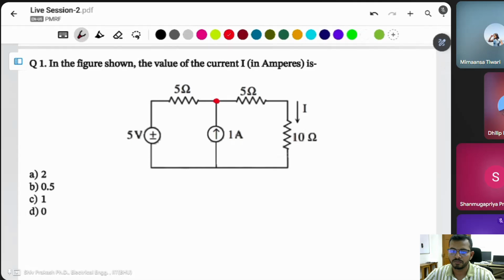Or there is a current given, then what is this current? 1 ampere current is flowing in the upward direction, and I current is flowing into this one.